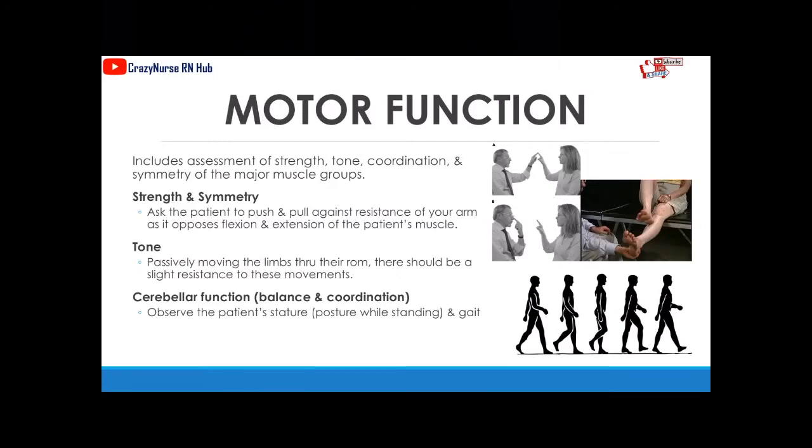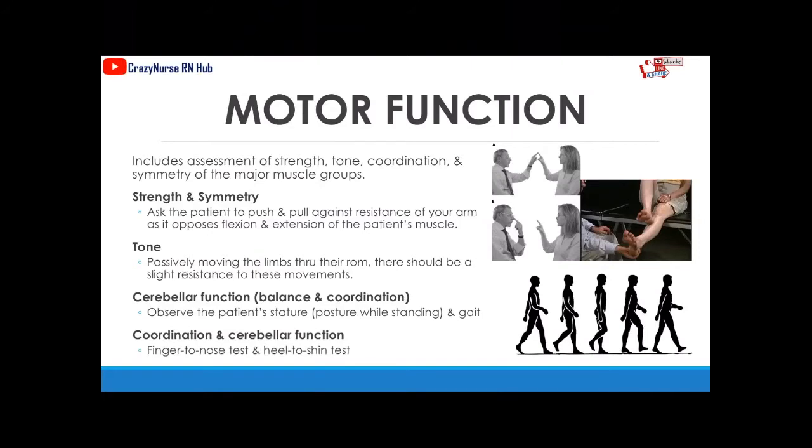Note the pace and rhythm of the gait and observe the arm swing. The arm should move symmetrically and in the opposite direction of the leg on the same side. The patient's ability to ambulate is a key factor in determining the amount of nursing care that is needed and the risk of injury from falling.